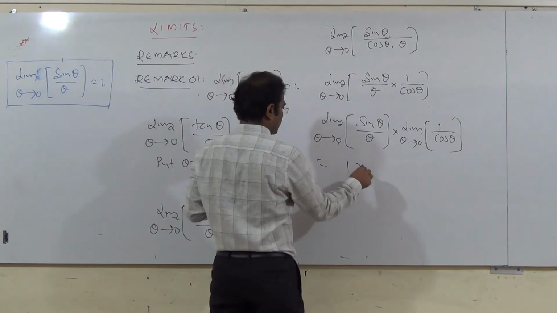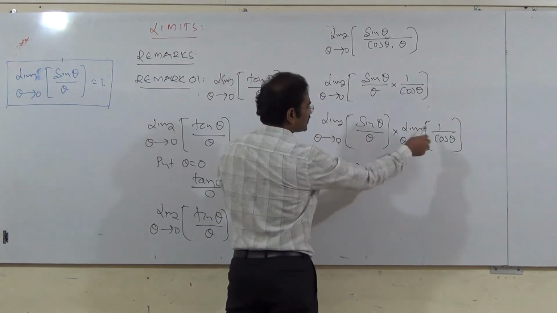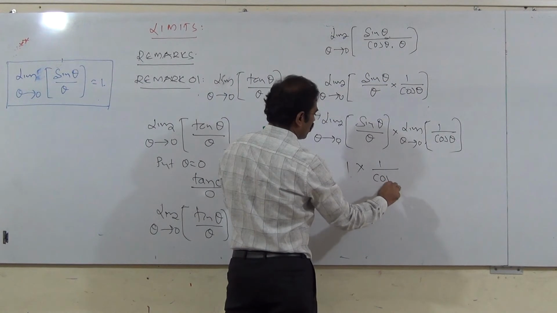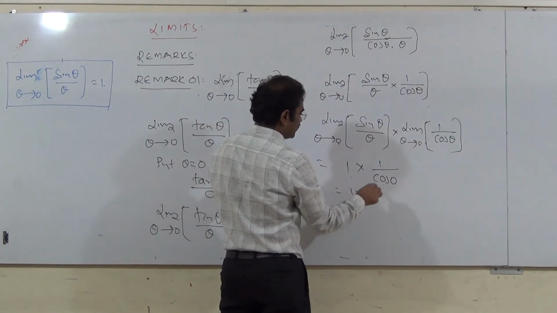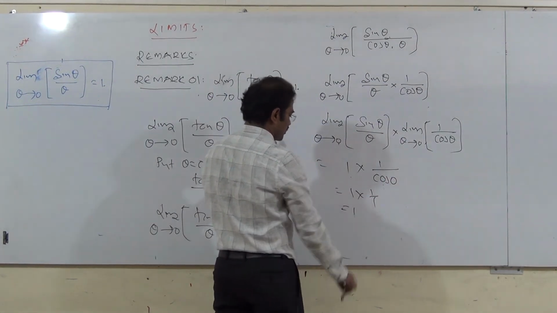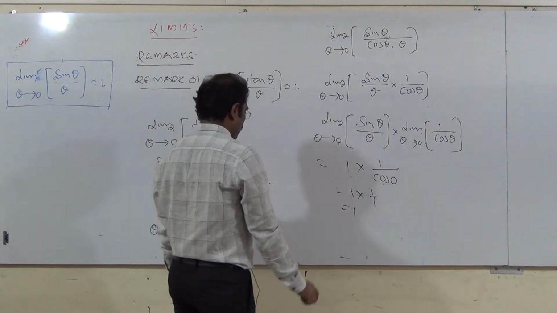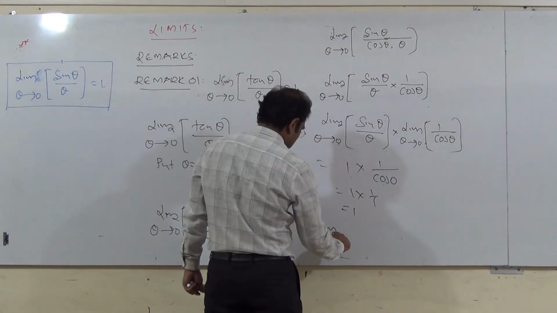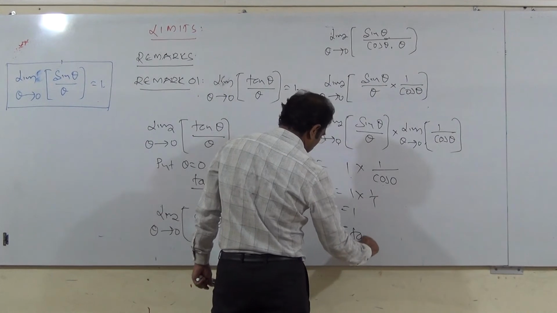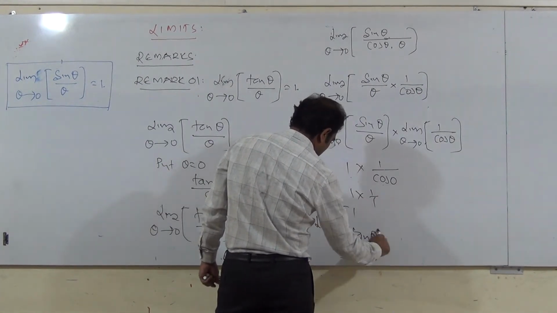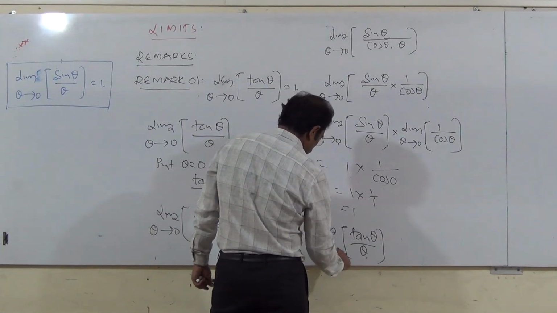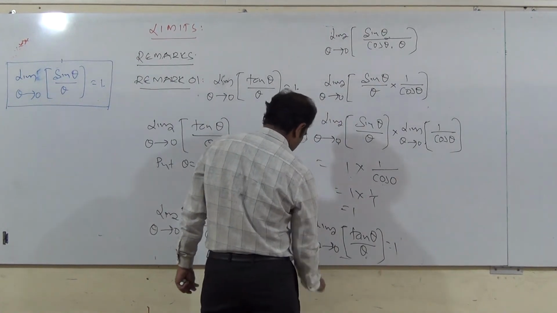It is 1 into, substituting the values, 1 divided by cos 0. 1 into 1 by 1, the answer is 1. Therefore, our first remark: limit of tan theta divided by theta as theta tends to 0 is equal to 1.